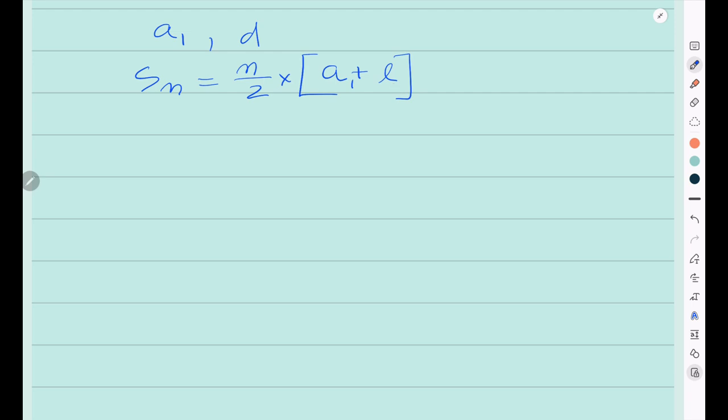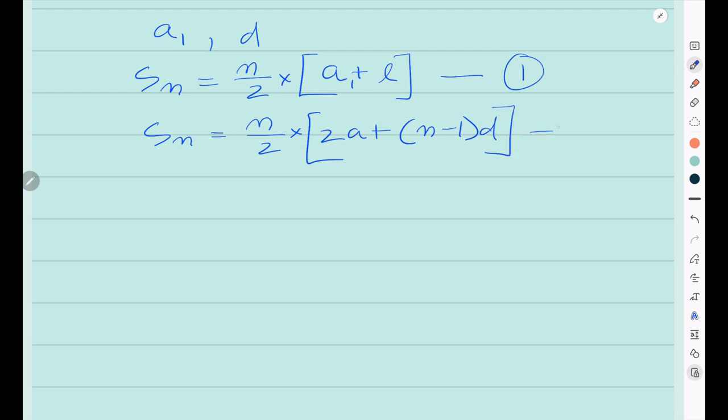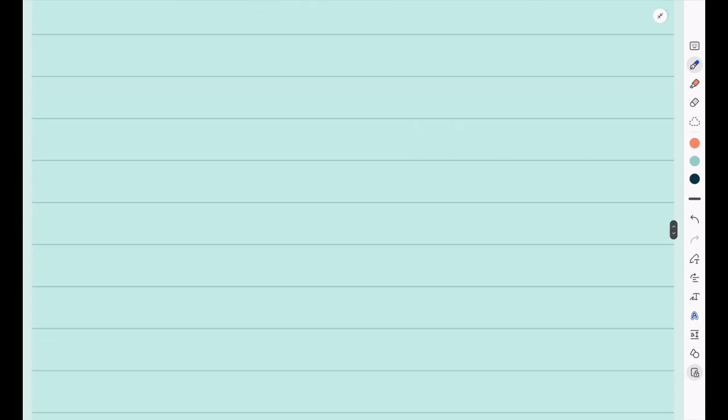So this is formula number 1, and then we can also write this formula as n over 2 times 2a plus n minus 1 d. It is also the same. These two formulas are essentially the same formula, and one can be derived from the other.